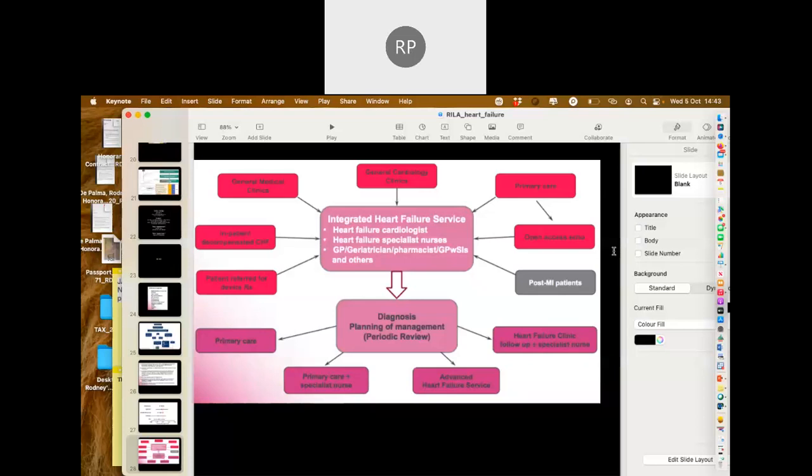Interestingly, a large observational audit, mainly North American, I think 2 years ago, showed that about 40% of patients who in real world clinical practice have heart failure with reduced ejection fraction are not on all four pillars.